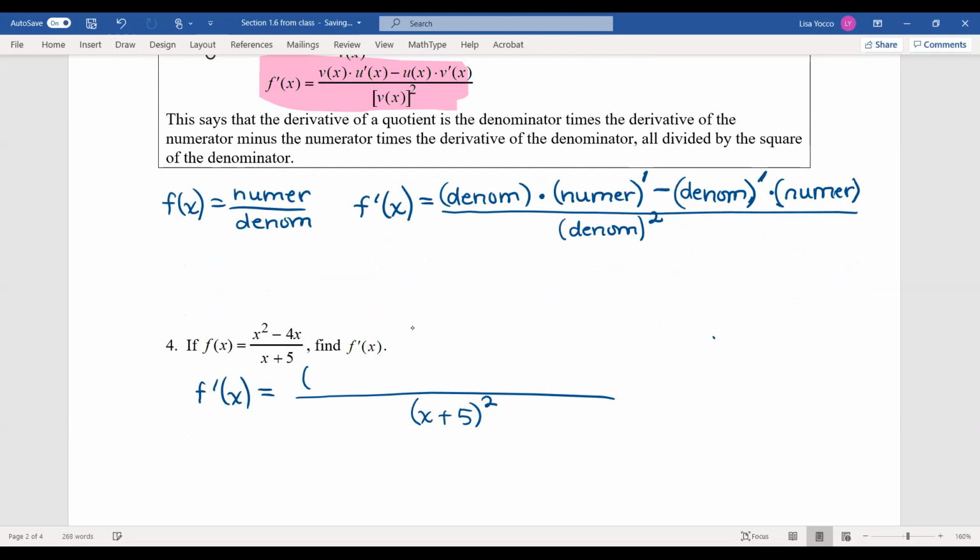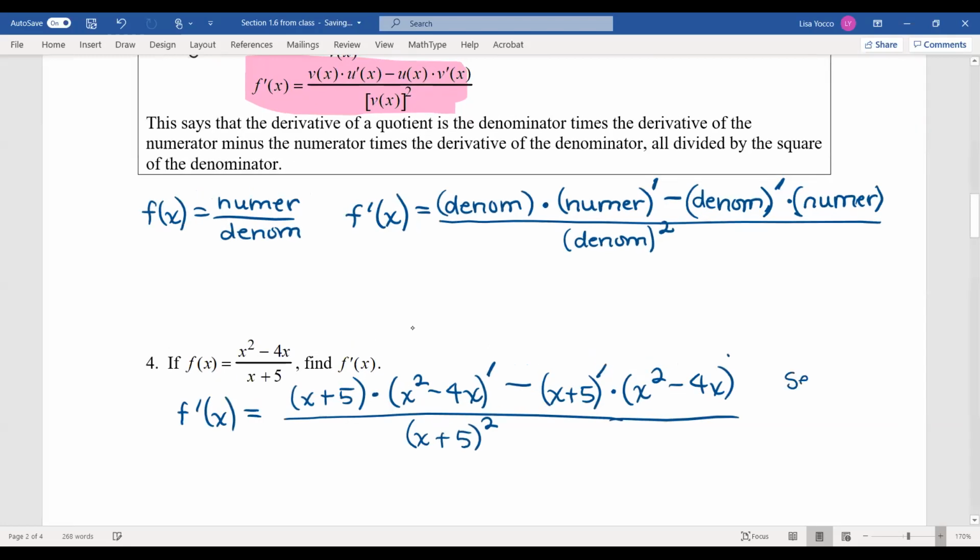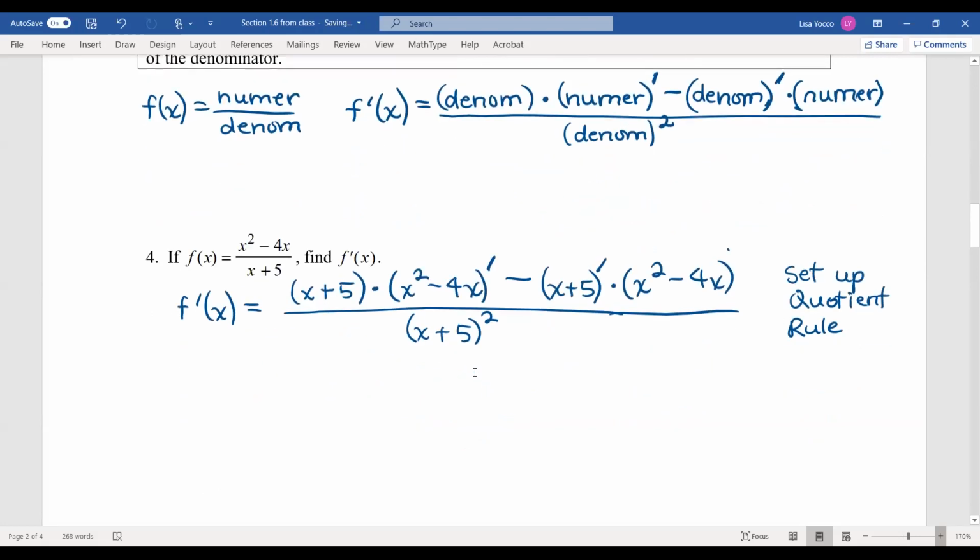The denominator is x plus 5 times the derivative of the numerator minus the derivative of the denominator times the numerator. And again, I'm not computing any derivatives here. I'm setting up the quotient rule. And in the next step, I do the 2 derivatives that are inside the quotient rule.